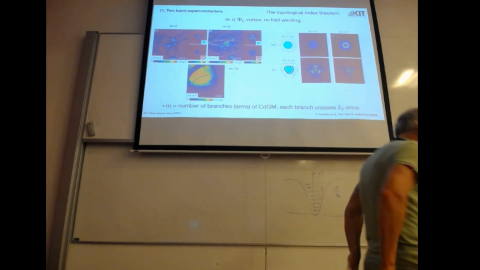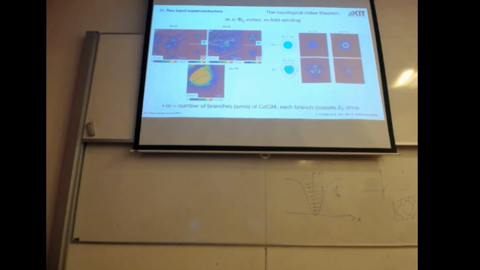There are papers that claim that there's a directional dependence of the gap, but it's very small. Niobium is more known, so niobium has two bands. There seems to be anisotropy again, but niobium is typically a dirty superconductor.